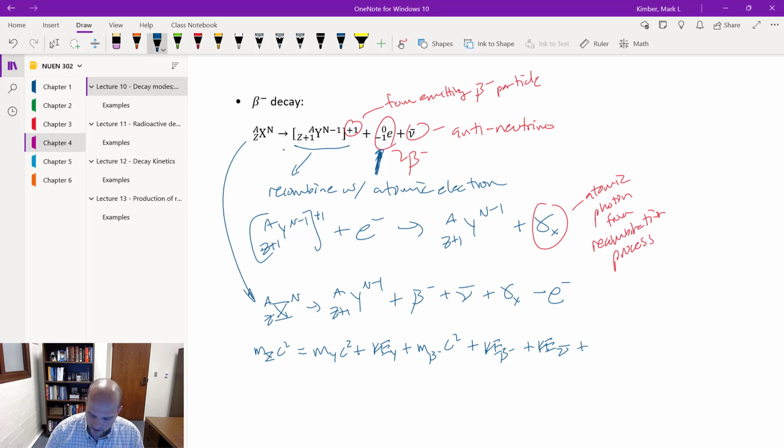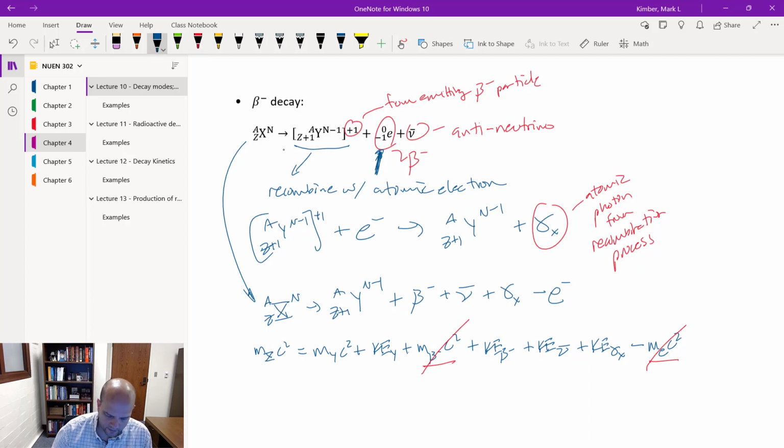And then finally I've got the kinetic energy of that gamma X, and then this electron that was from the recombination process that came from the atomic electron. So then I say minus, since that was a minus, the mass of that electron times c squared. And the beta minus particle here, this mass is the same as that mass. That is the mass of an electron. I've got plus, I got minus there. These two actually end up canceling out.